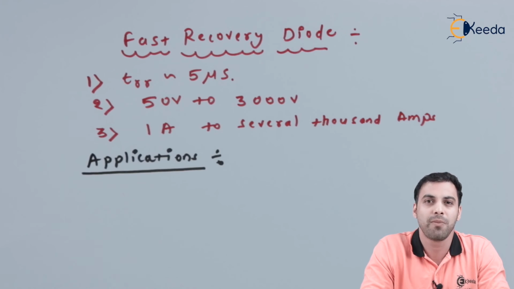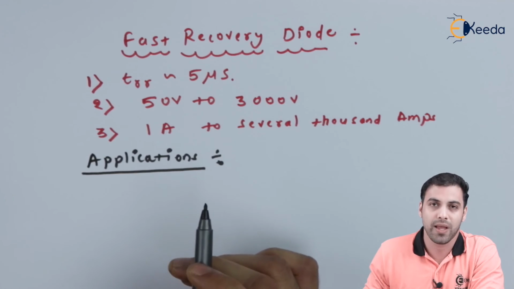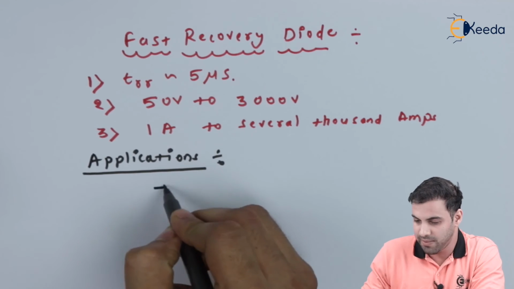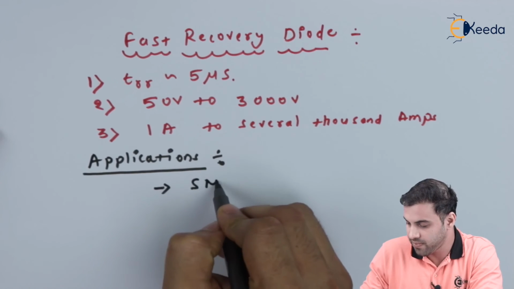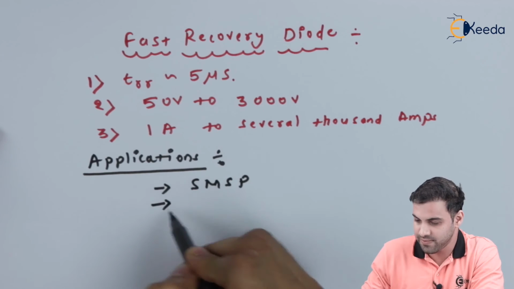So now let's talk about the applications of a fast recovery diode. Fast recovery diodes are used in various applications. For example, number one would be SMPS. They are widely used in SMPS.